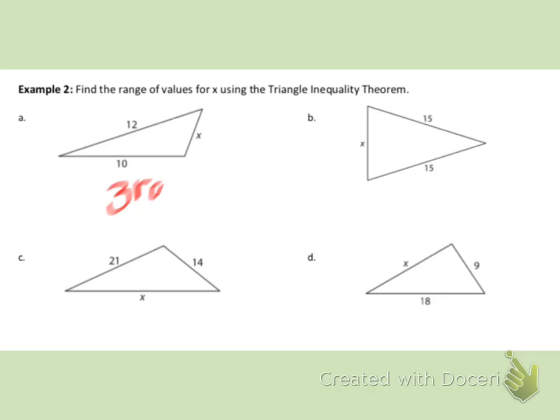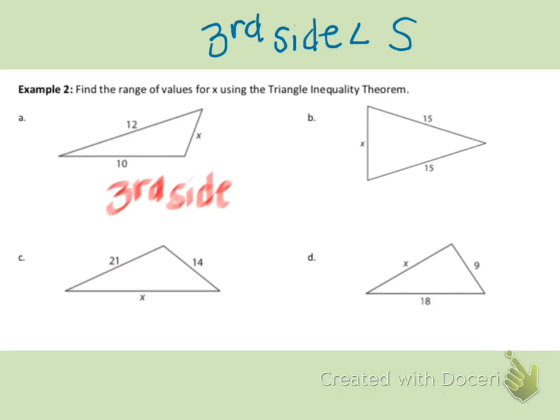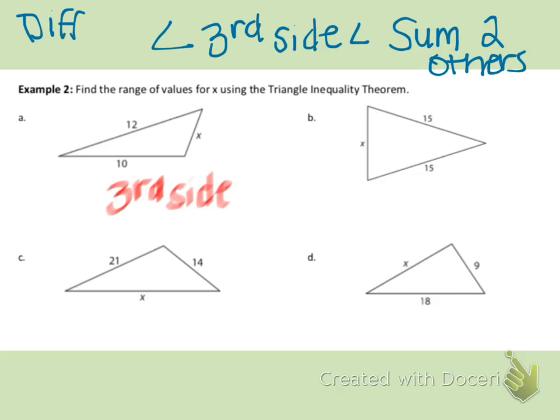So the third side, I'll write this at the top, had to be less than the sum of the two others. This might be a good idea to write in your notes. And it has to be greater than the difference between the two others.